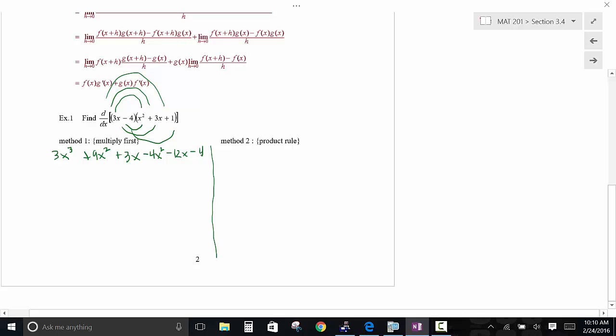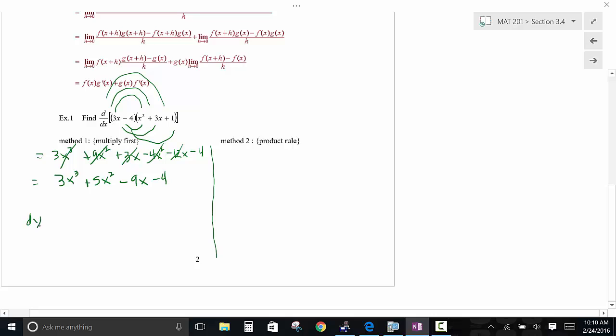Now we're going to collect the like terms, then we're going to do the derivative in that order. So let's see, we get 3x to the third here. Like terms are going to give plus 5x to the second, minus 9x, minus 4, like that. Now just do the derivative in your head. The way you notate this most of the time, when I do this Leibniz notation, if I say d dx, I'm just asking you to find the derivative.